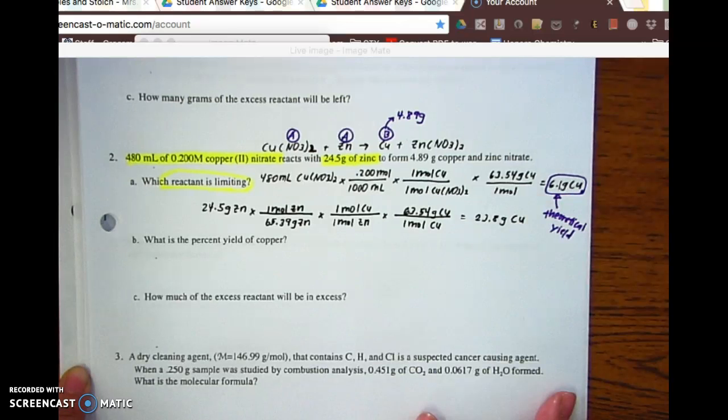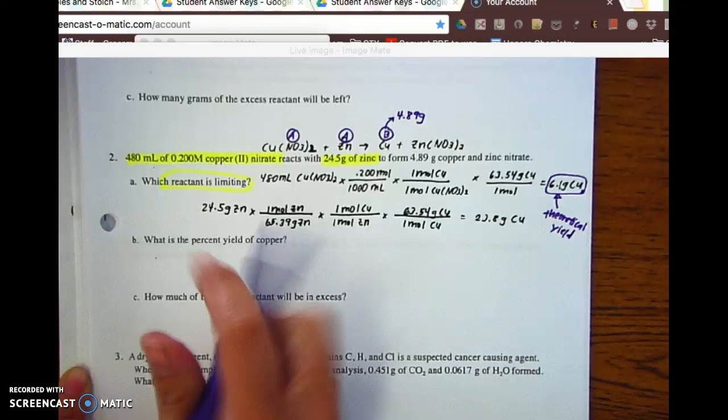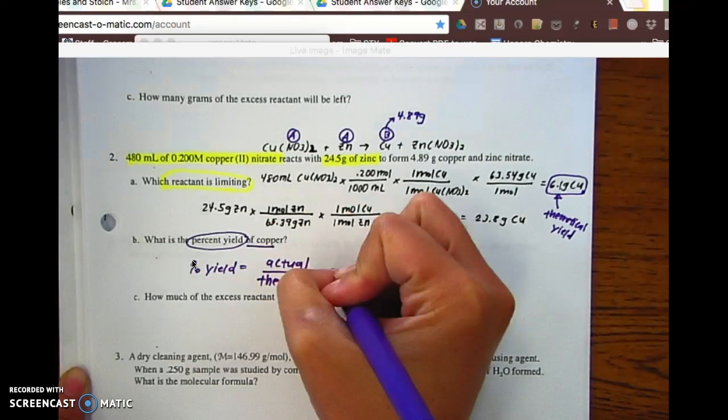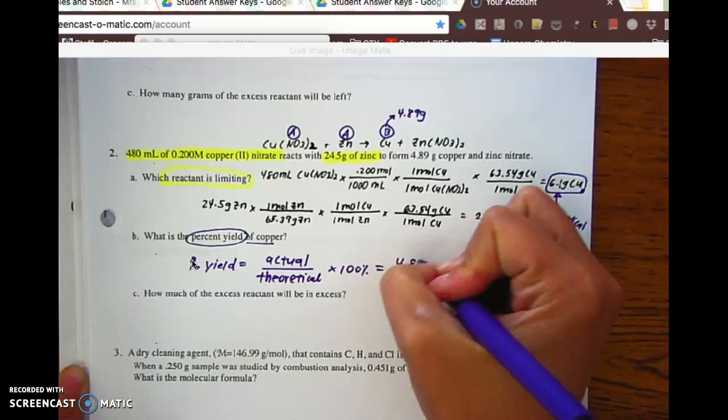Okay. Part B is asking what the percent yield of copper is. This person got 4.89 grams of copper from actually doing the lab. So we know percent yield is equal to your actual amount that you got, divided by your theoretical, how much you were supposed to get, times 100%. Here the actual amount I did get was 4.89 grams, given to you in the problem.